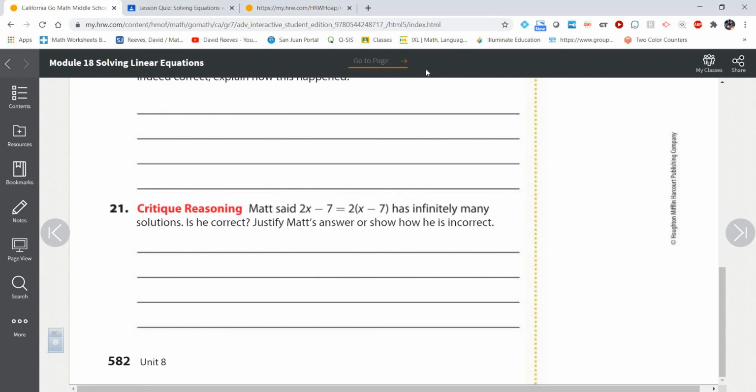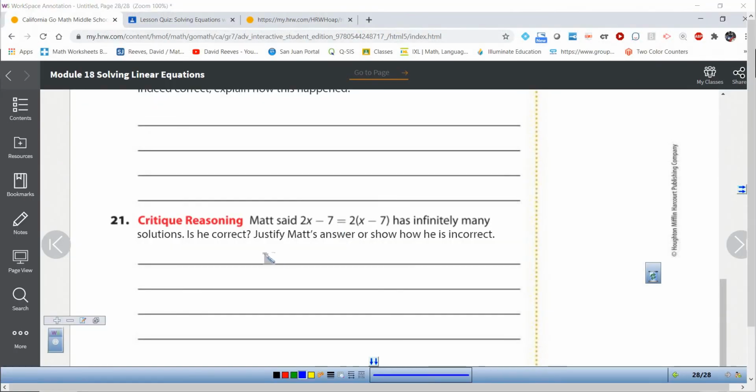The last one: Matt said that 2x minus 7 equals 2 times the quantity x minus 7 has infinitely many solutions. Well, Matt, so sorry. This is one we throw at students a lot because they look the same, but when you apply the distributive property, we get 2x minus 14, right?